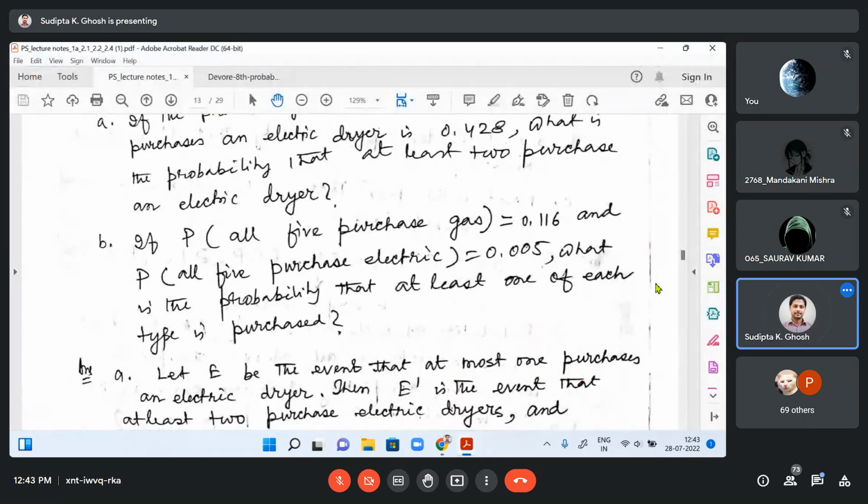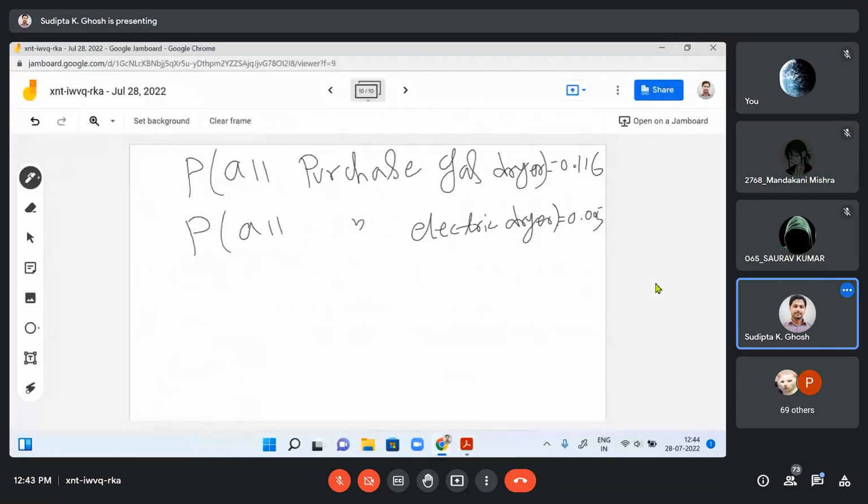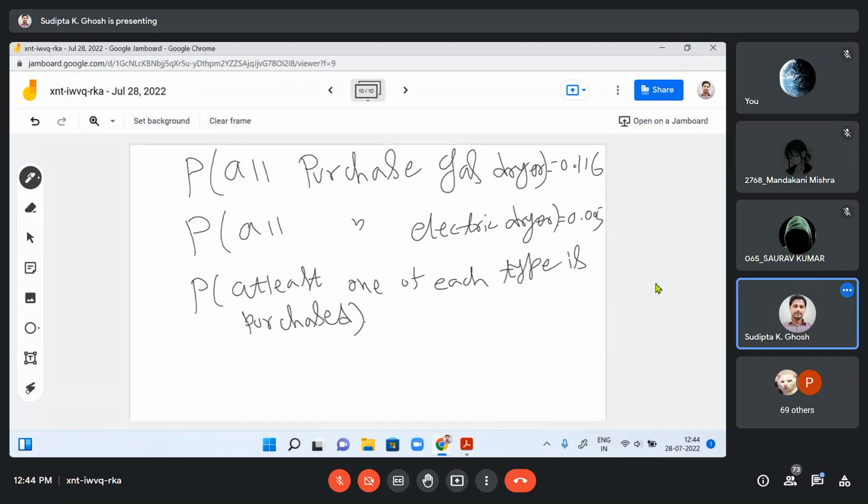What is the question? The question is, what is the probability that at least one of each type is purchased? You have to calculate the probability. Okay, at least one of each type is purchased.